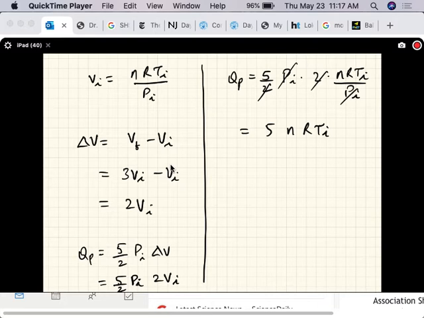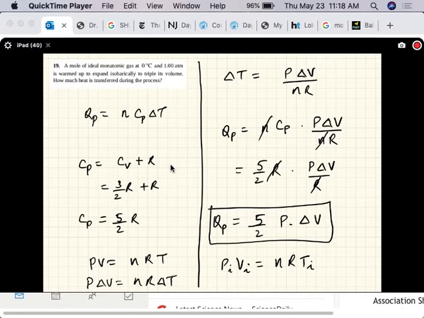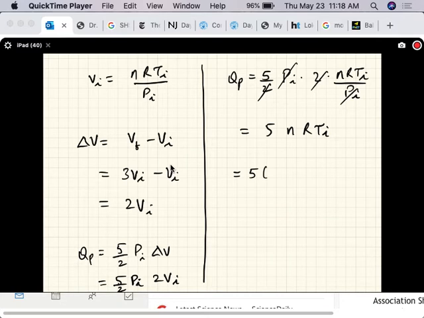There you go. Okay. We know the initial temperature. We know the number of moles of gas you have. And so this is easy now. So this is how much heat you added in this isobaric process. n is 1 mole. R is 8.314 joules per mole per Kelvin.